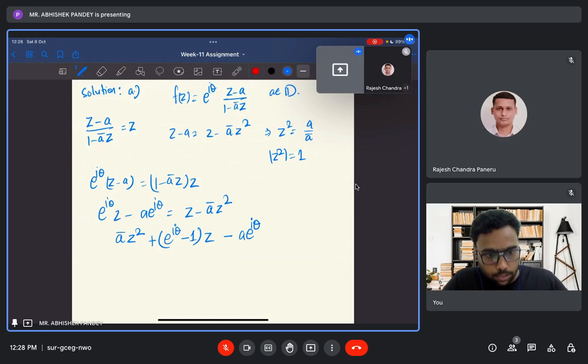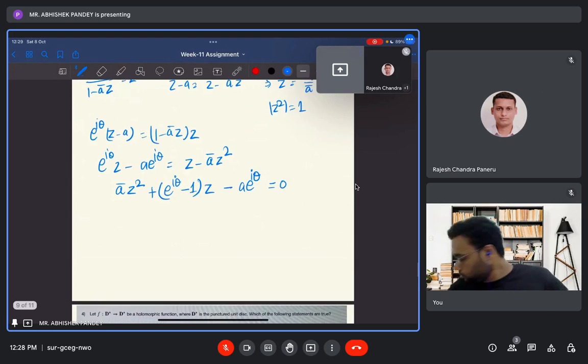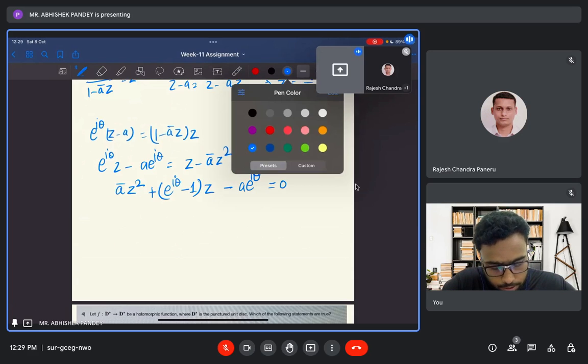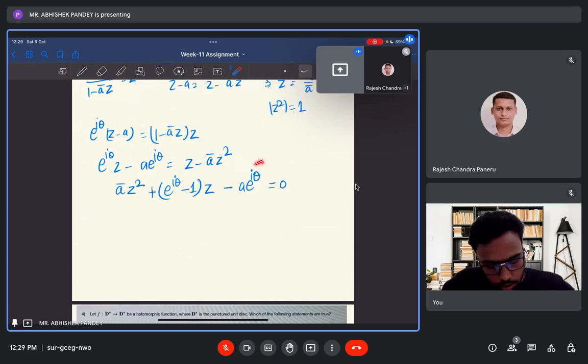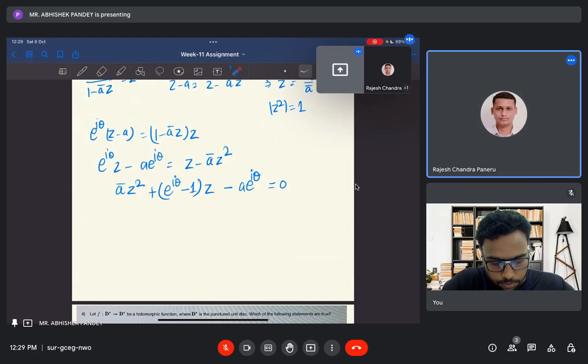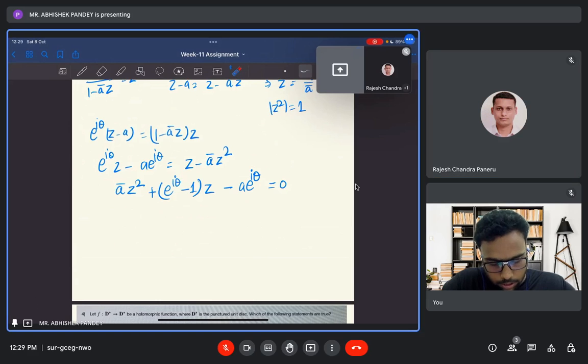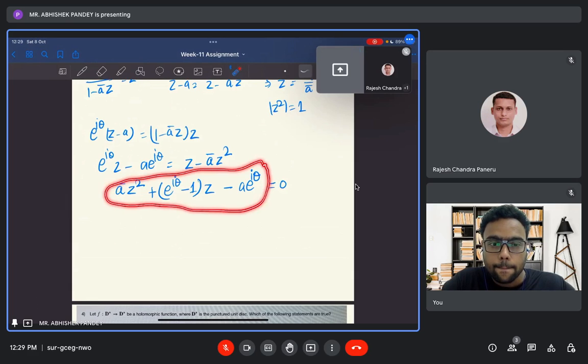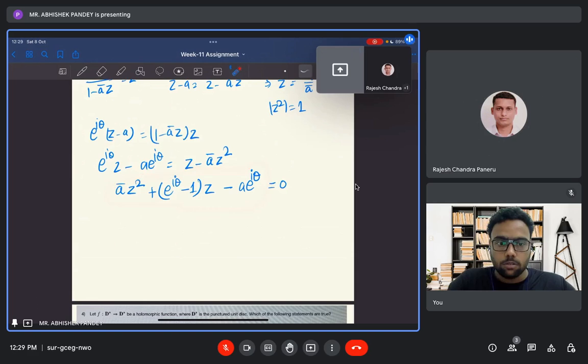Is this clear? Now once you equate it to 0, you can see that this is a polynomial of degree 2 in z, if a is non-zero and e to the power i theta is not equal to 1.